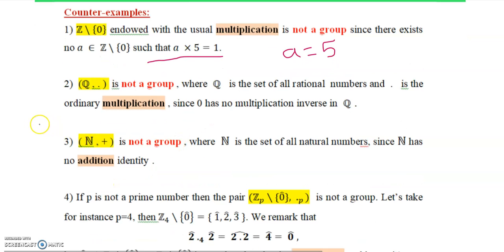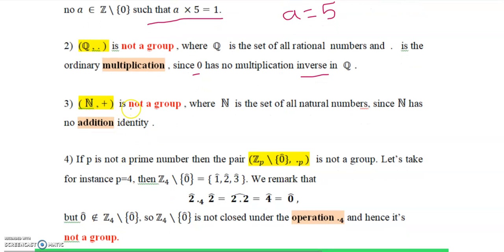Similarly here, Q comma dot. What is Q? Rational numbers, and dot is normal multiplication, the binary operation. Then here 0 has no multiplicative inverse. For the element 0 you cannot find the inverse, so here it is not a group. What is N comma plus?